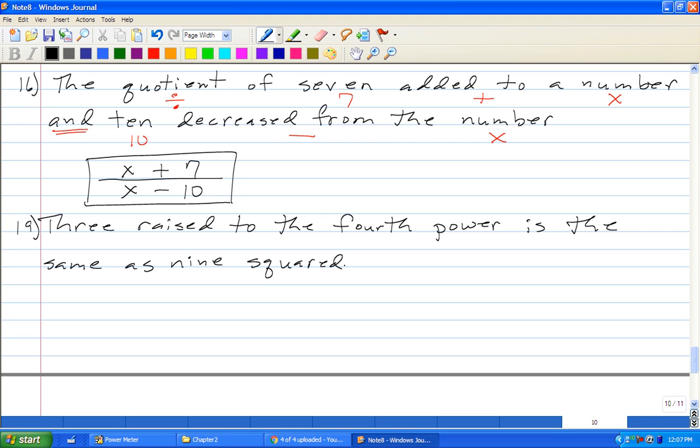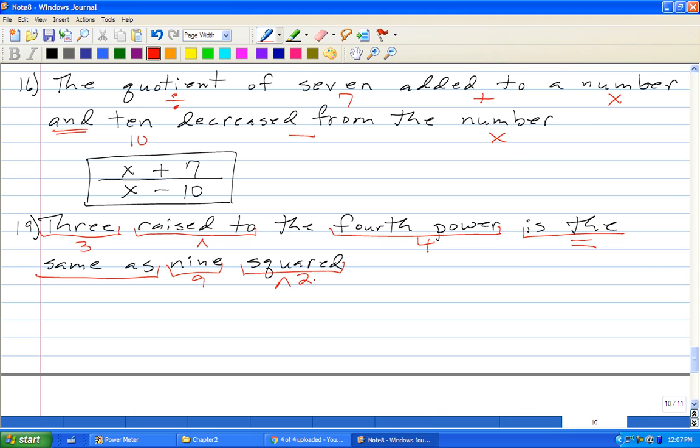Okay, and so let's do this. So 3 raised to some exponent, the fourth power, the power 4, is the same as, that's an equal, 9 squared.